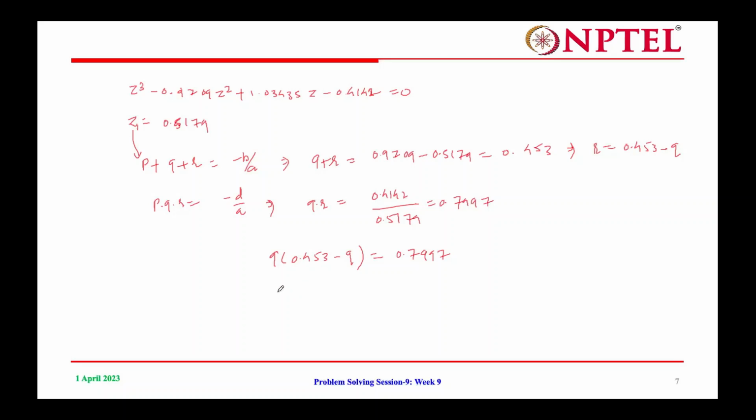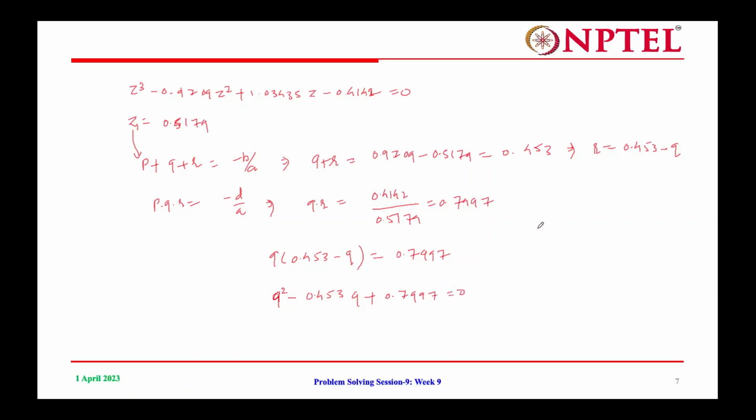So here we get Q square minus 0.453 Q plus 0.7997. This is the quadratic equation.